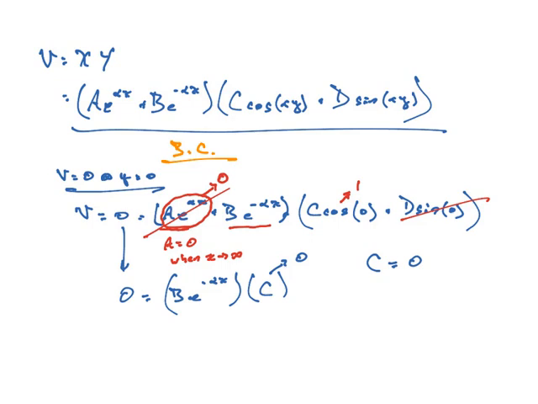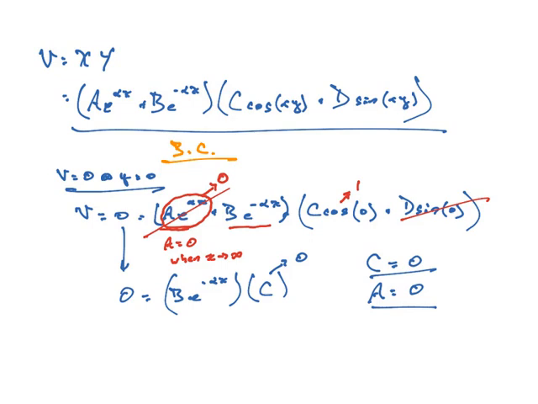And so that boundary condition told us that when x goes to infinity, this potential better be going to zero, and the B term allows it, when x is infinity that's fine. But the A term doesn't go to zero when x goes to infinity. So the only way to force it to go to zero is to set A equal to zero. So we know A is equal to zero here, and C is equal to zero due to this boundary condition.